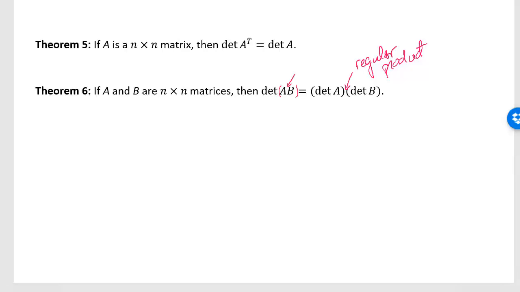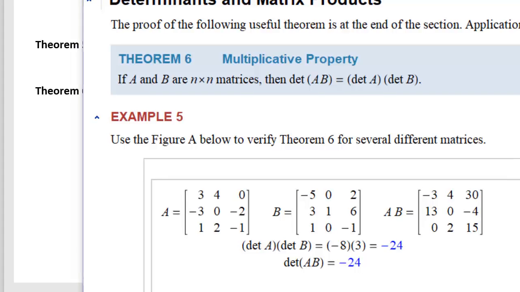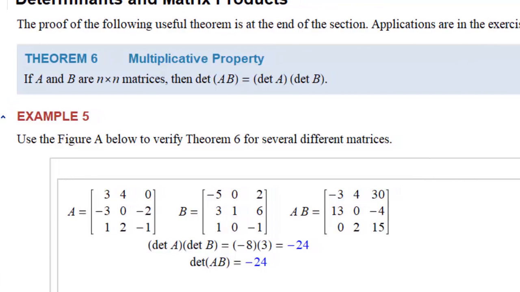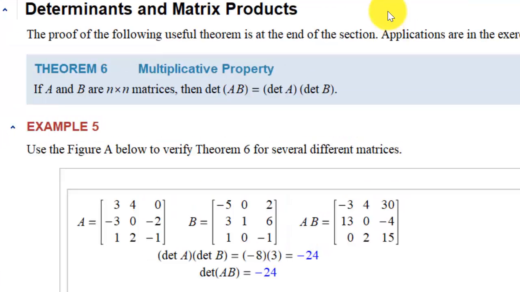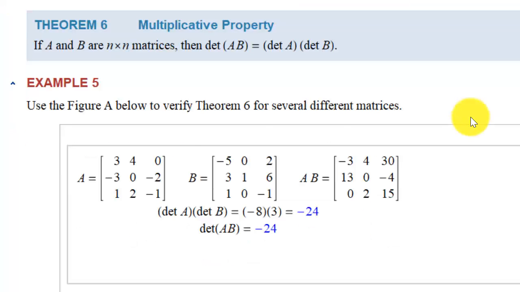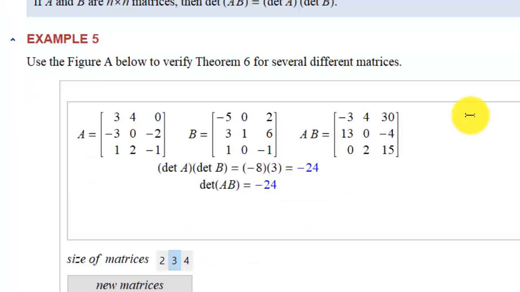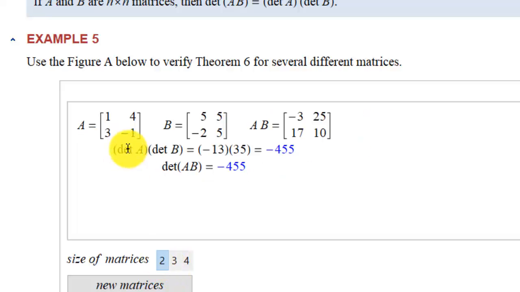For this, I wanted to take the example of what they have in the textbook. And what they have in the textbook is not a proof, but a way to verify different size matrices. And what they do is they randomly select numbers for matrices A and B. You can do a 2 by 2 and 3 by 3 or 4 by 4.